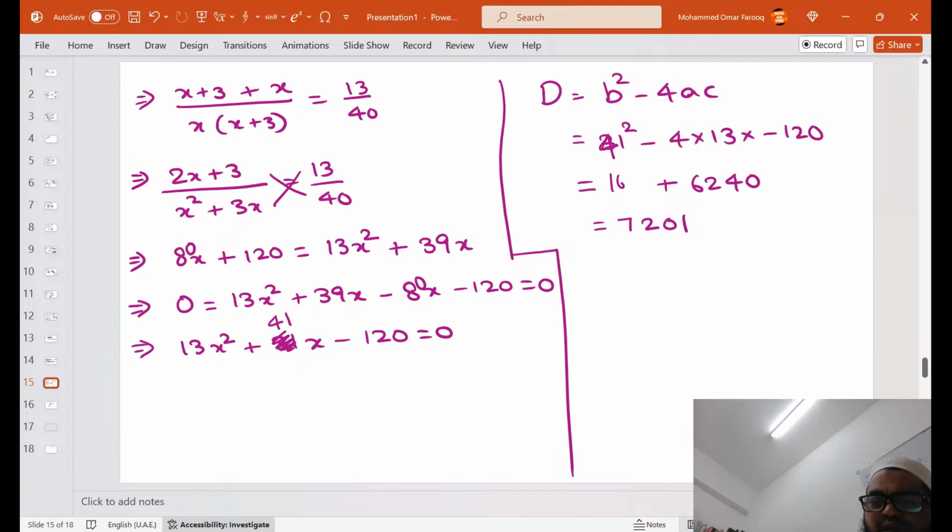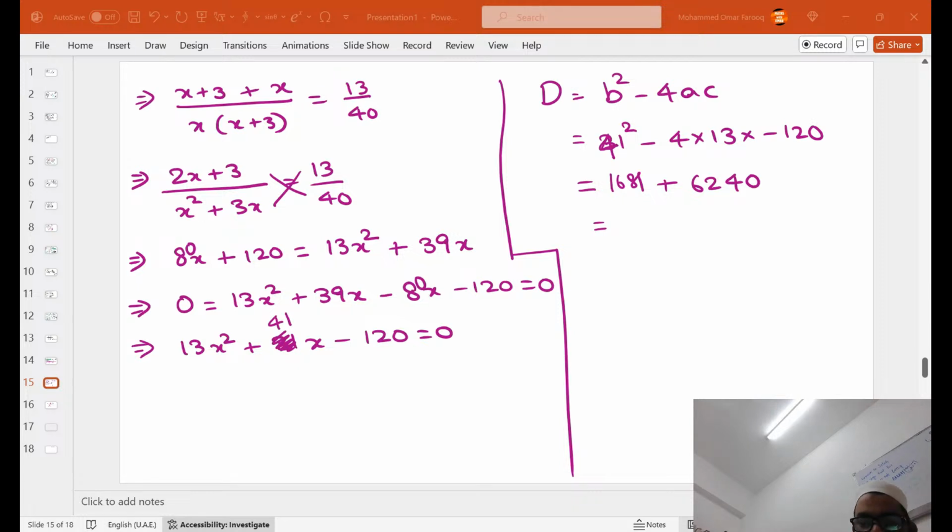Now 1681 plus 6240. Please do it fast. We're running out of time. 1681 plus 6240, how much?